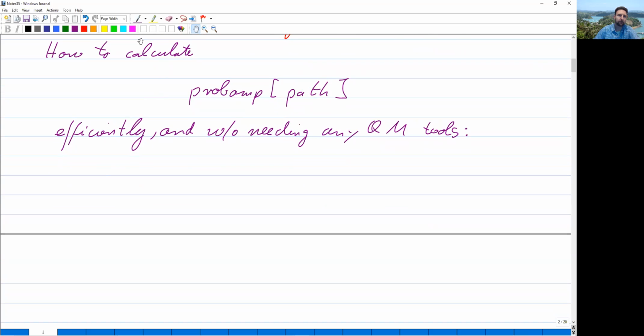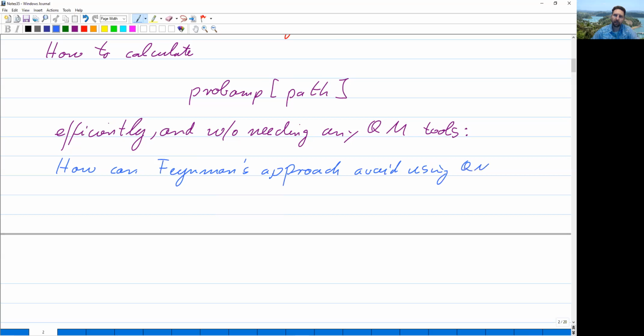How can it be that Feynman's approach avoids using the quantum mechanical tools that we developed?